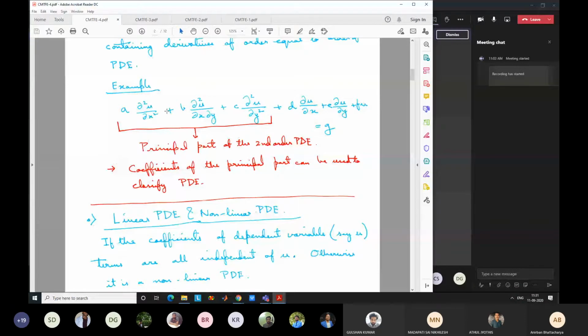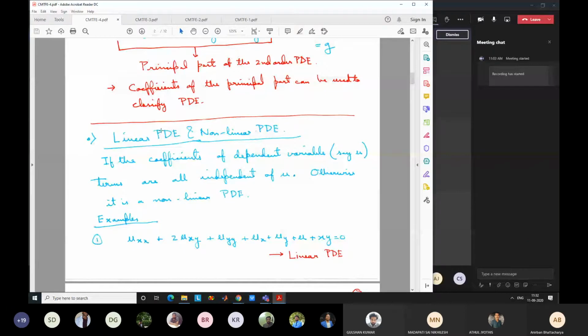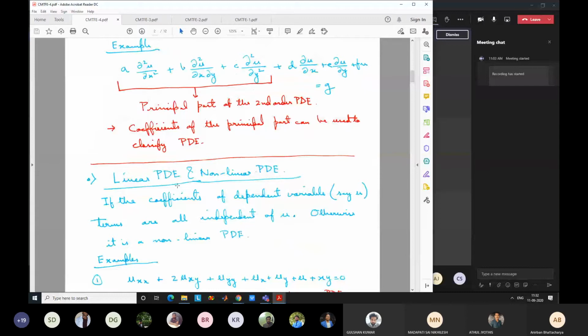Then one more classification before we go into the physical interpretation. Okay, one more mathematical classification, which is linear versus non-linear PDE. So if the coefficients, say this A, B, C, D, E, F, if the coefficients of the terms which are dependent on the dependent variable, like del square u by del x square, if these coefficients are independent of the dependent variable, then we call it a linear PDE.